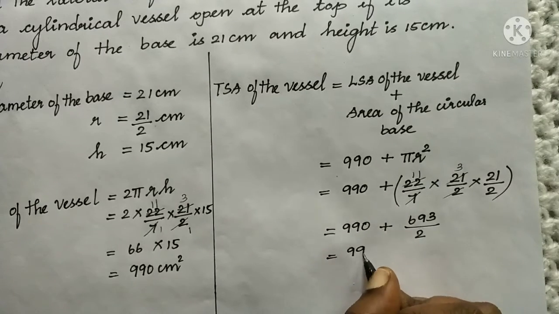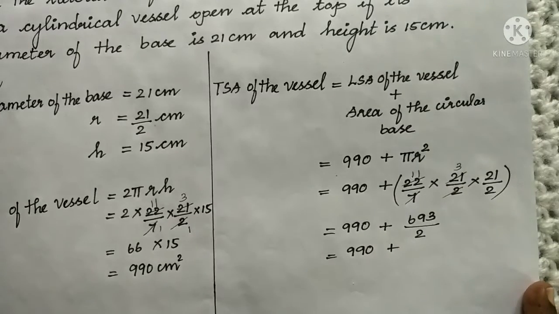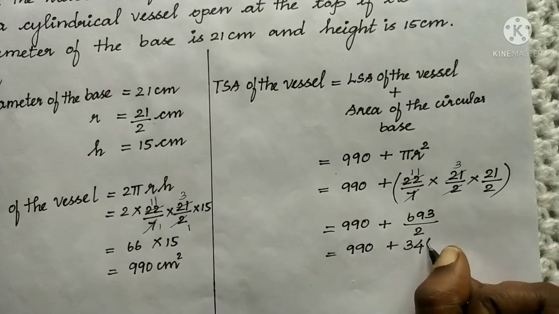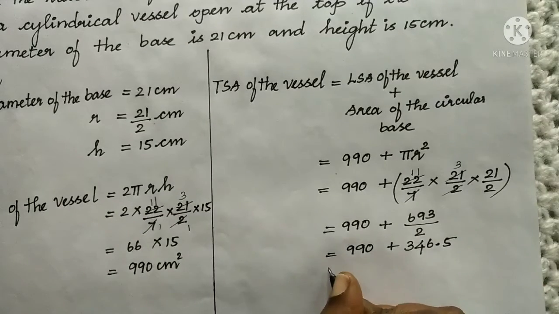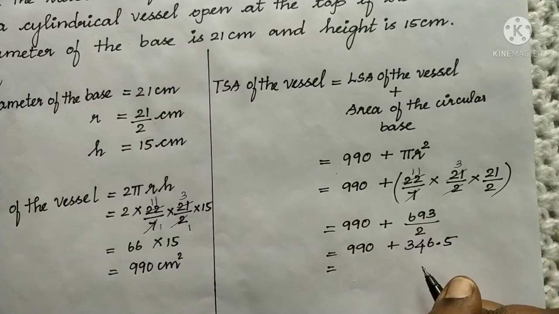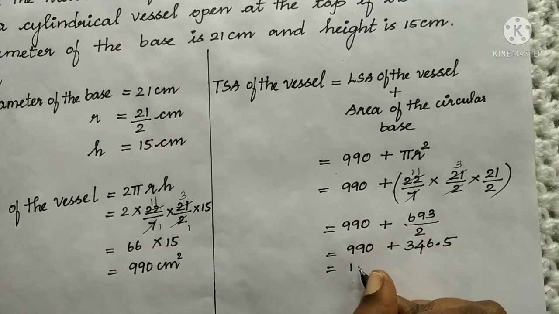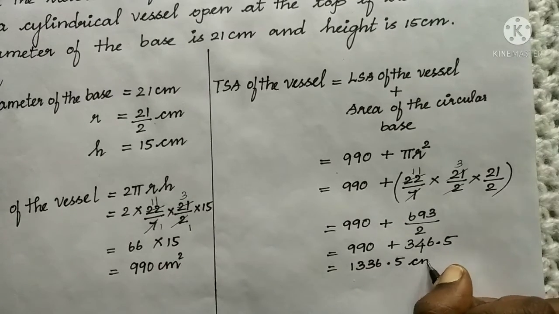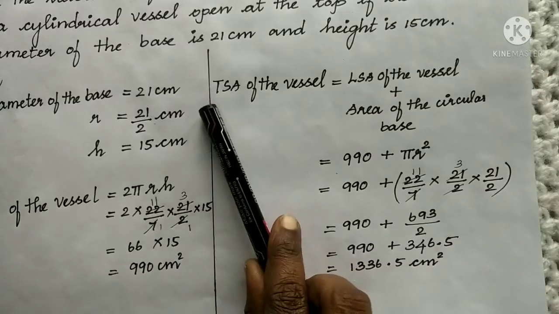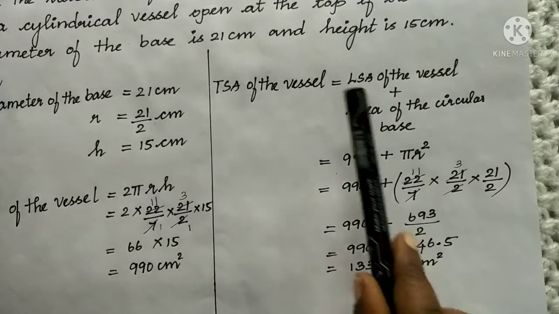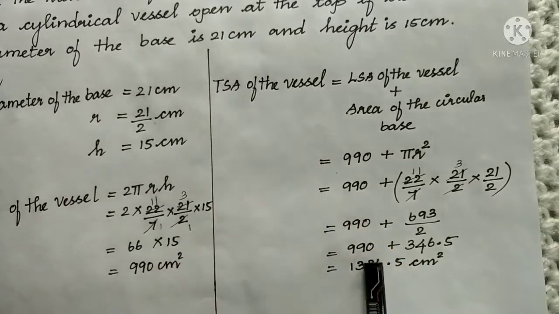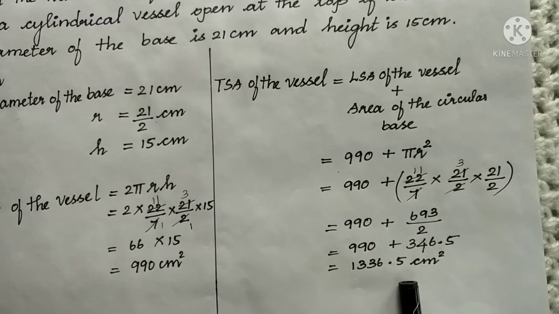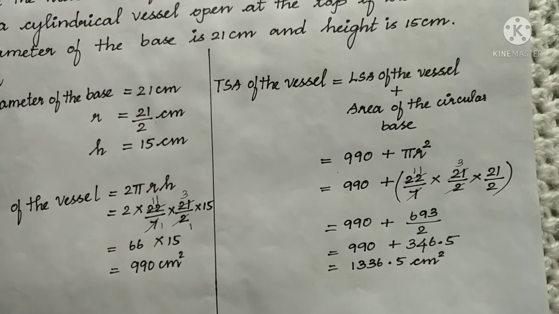Now, 693 by 2 is 346.5. 990 plus 346.5 is 1336.5 centimeter square. So the TSA of the vessel which is open at the top is 1336.5 centimeter square.